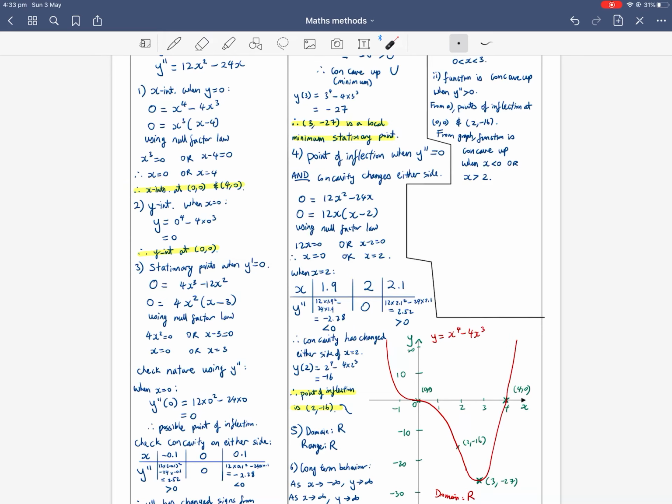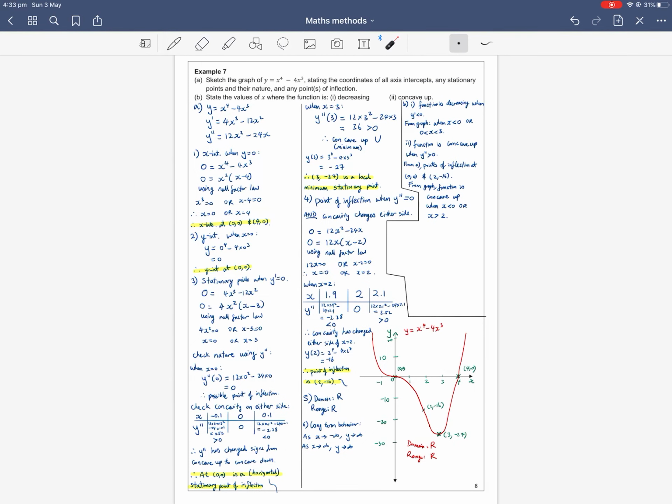And that's because of the concavity checks that we had when we were solving for the points of inflection. So every time you are asked to sketch a graph, if you can follow the 1, 2, 3, 4, 5, 6 steps and make sure you have a nice and pretty labeled graph, then you're good to go.